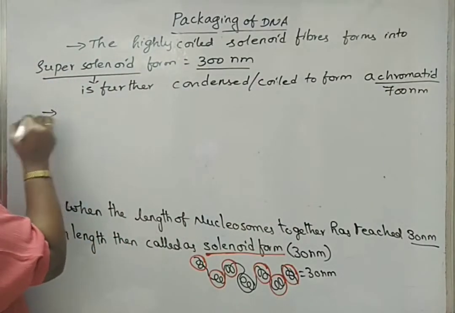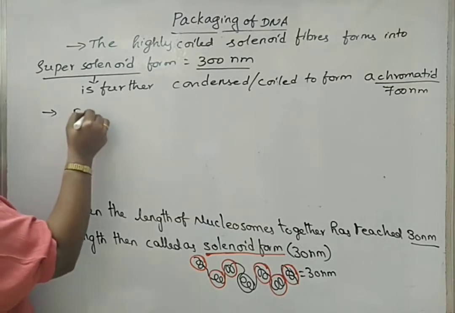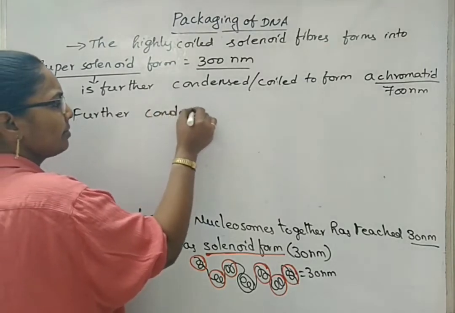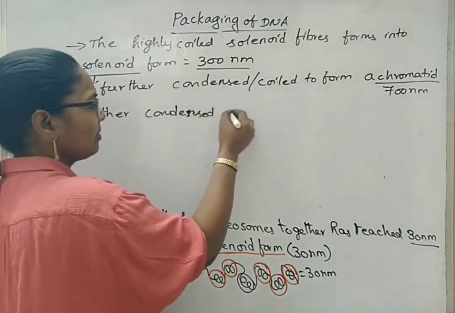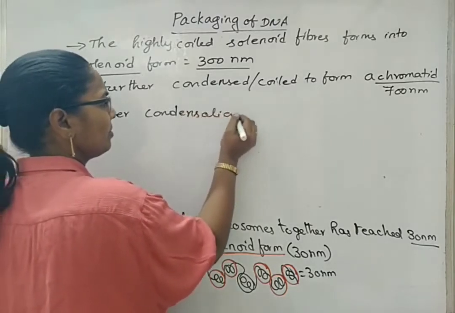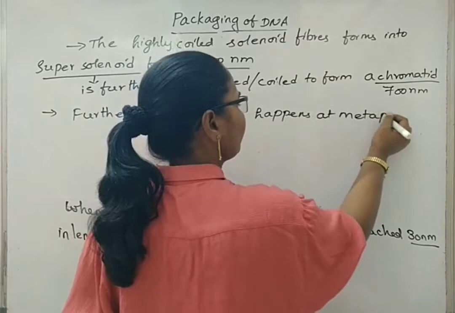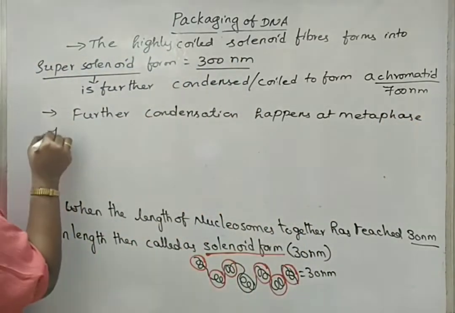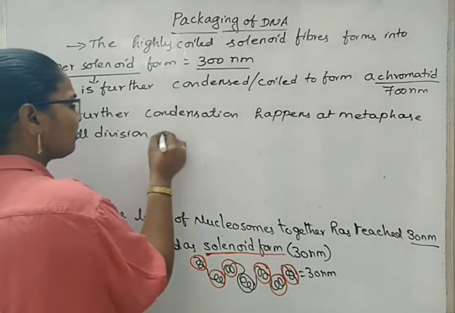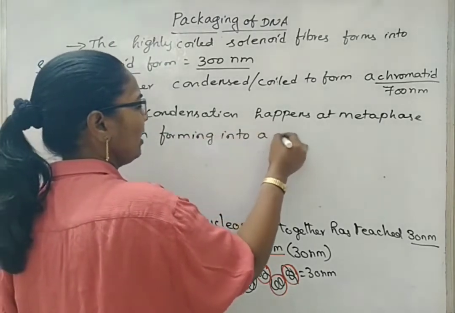Now, further condensation is leading into formation of chromosomes. Here it is an MCQ. Further condensation happens at metaphase of cell division, forming into new length structure, that is chromosome.